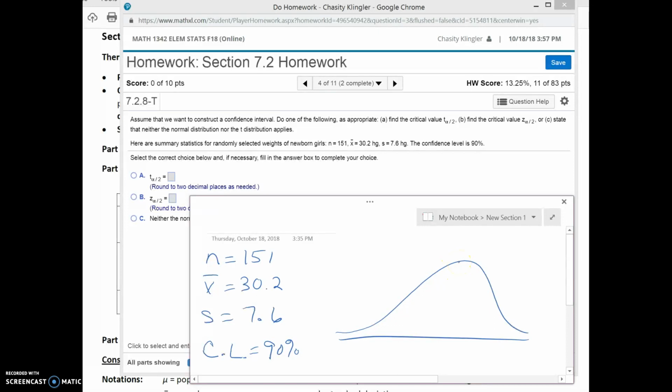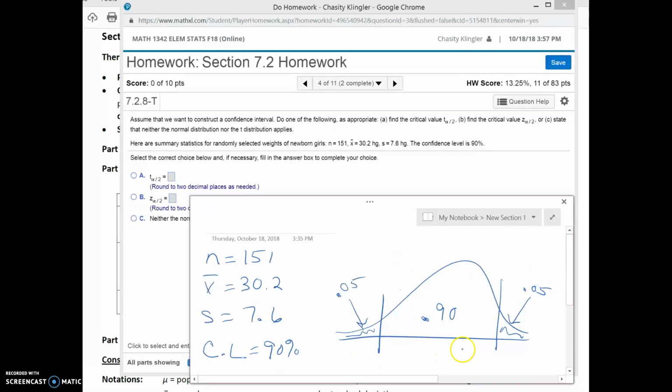It's just a little steeper than a normal distribution, but it's symmetrical about the mean. So we're going to have an area of 90% in the center, so that means our tails are going to be symmetrical and share the leftover 0.10, so we'll have 0.05 and 0.05.